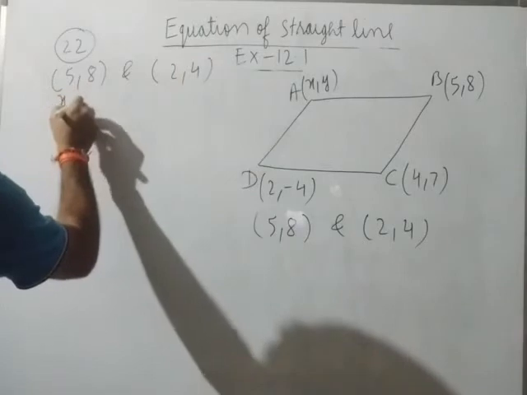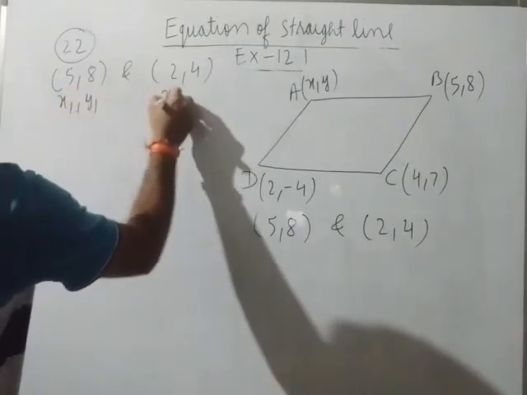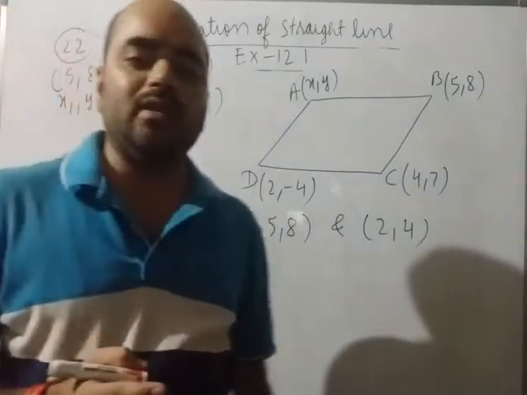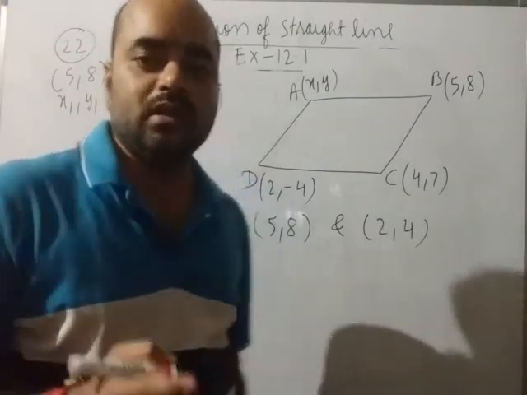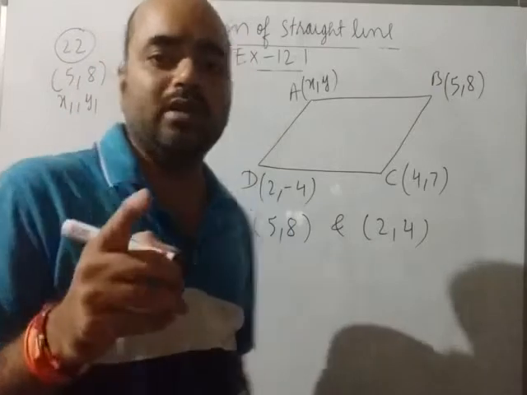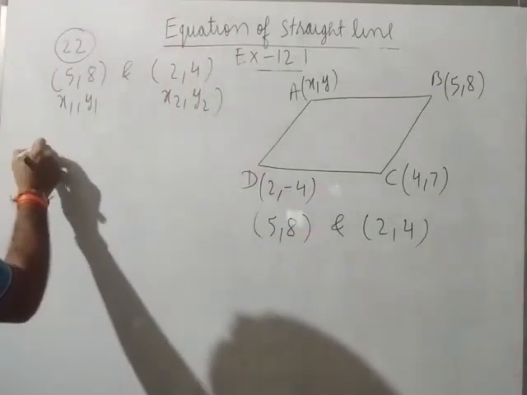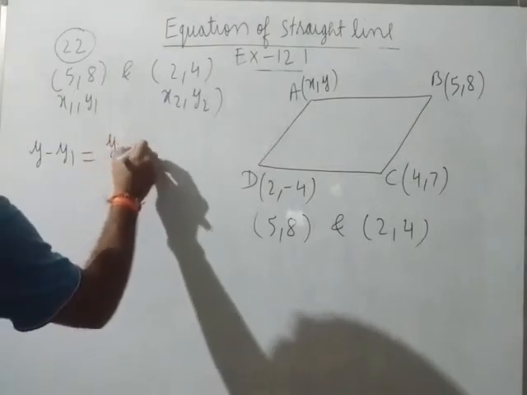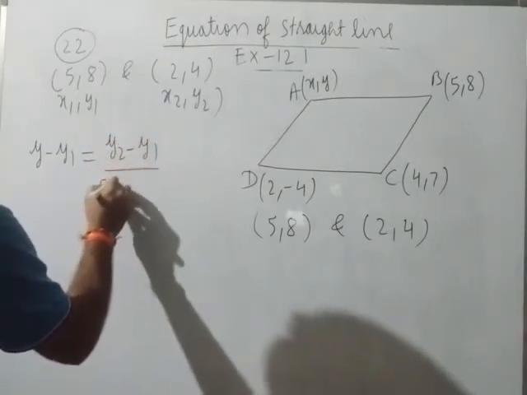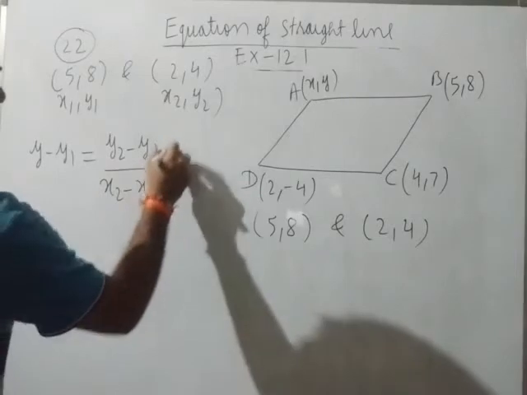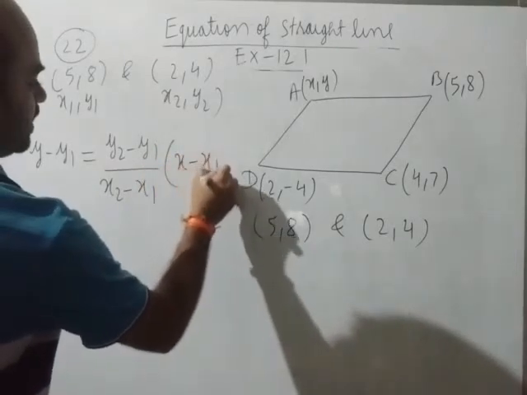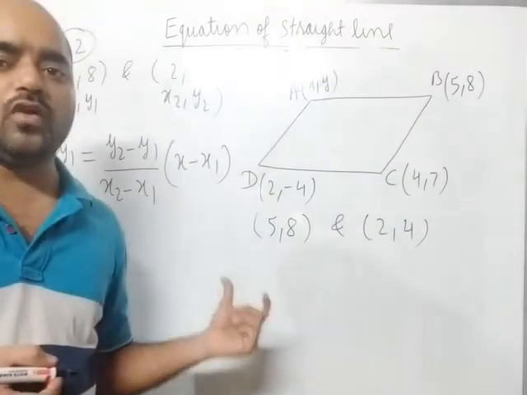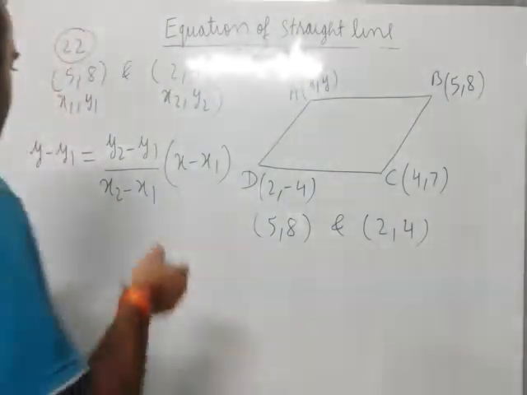Suppose this is x1, y1 and this is x2, y2. If you are remembering the equation of a straight line in two-point form, the formula is y minus y1 is equal to (y2 minus y1) upon (x2 minus x1), then (x minus x1). Correct? This is the formula.